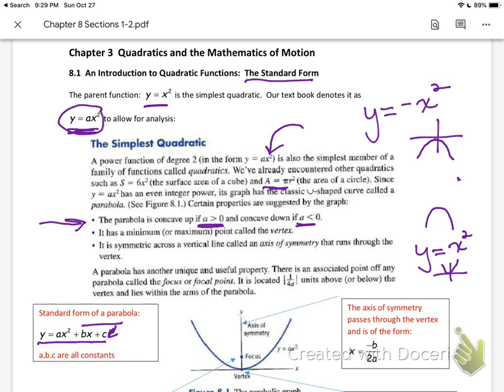Now, what makes it standard form? Well, look at your x's. If the powers go from high to low, that is standard form. This qualifies because the power x squared is first, the power of x is second, to the first power.